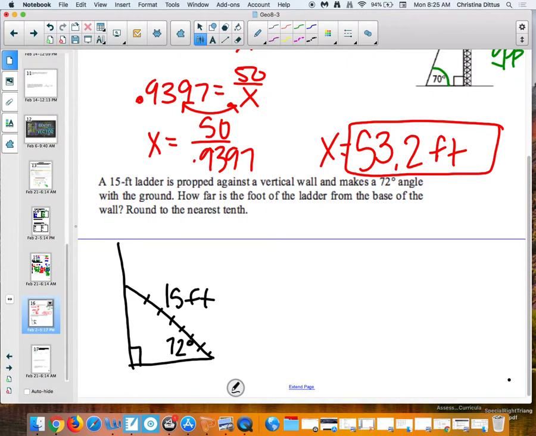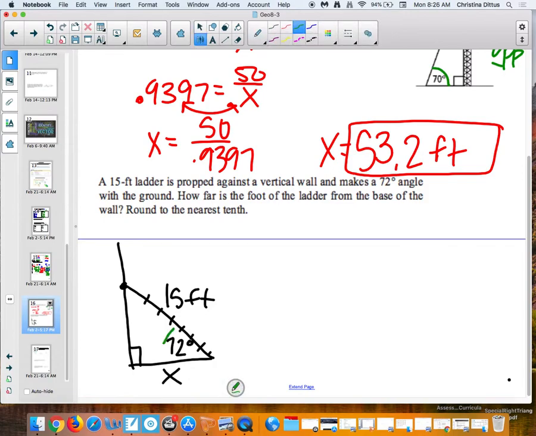72-degree angle. Obviously, I have a right angle there. I need to know how far is the foot of the ladder from the base of the wall. So which side am I looking for, the left or the bottom? Bottom.